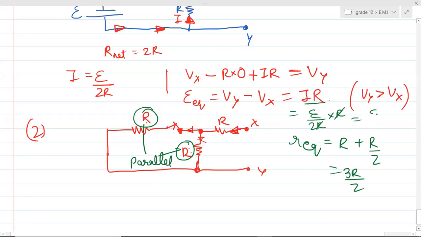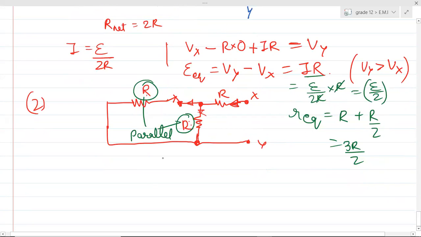Can you see over here, E equivalent is E by 2 and R equivalent is 3R by 2. So I can make the whole circuit again. I can just make a resistor R equivalent, which is 3R by 2. I can connect E equivalent, which is bigger, by the way.